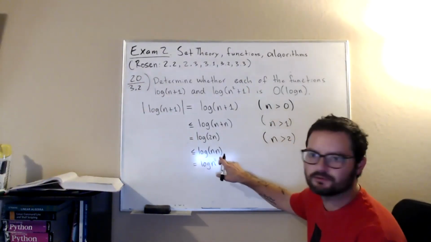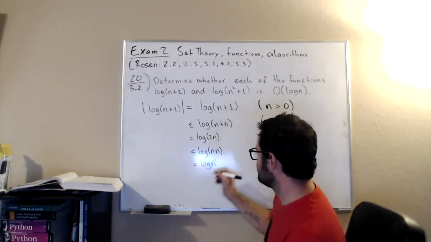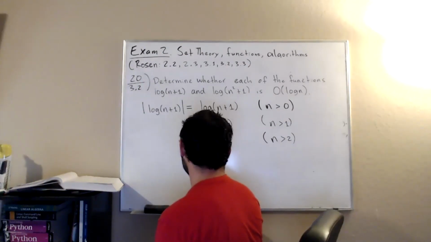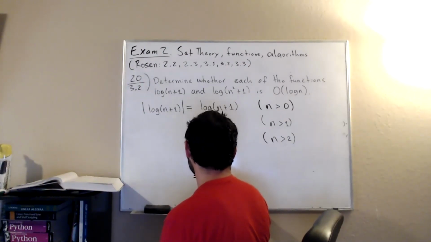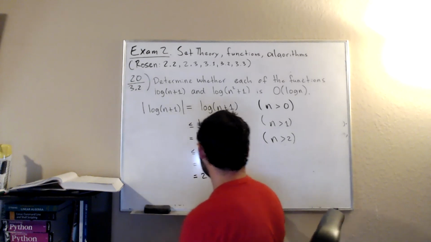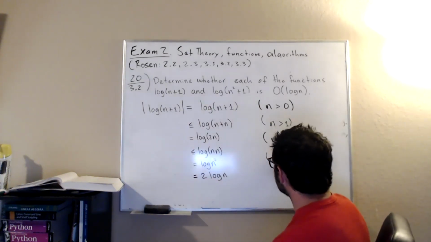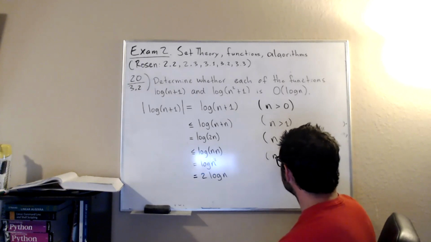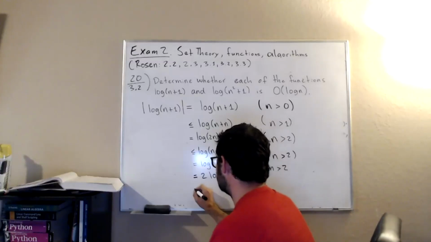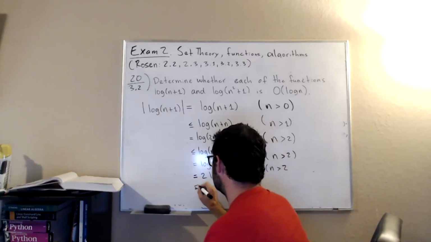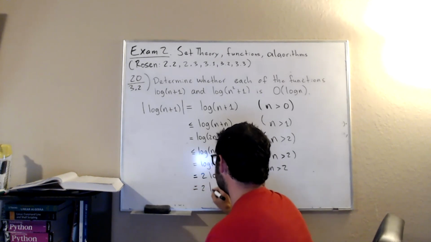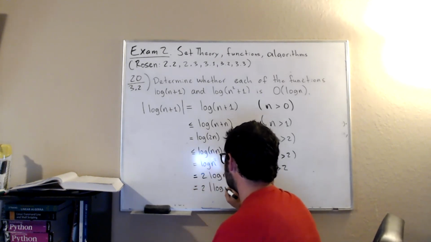Then this is equal to 2 times log n. And again, we have to make sure that n is greater than 2. And this is equal to, we're basically done, 2 times the absolute value of log n.